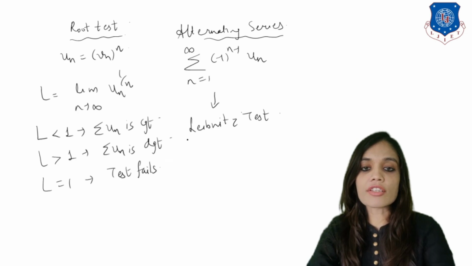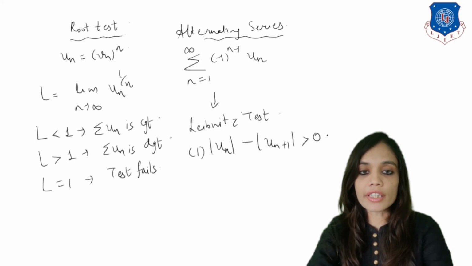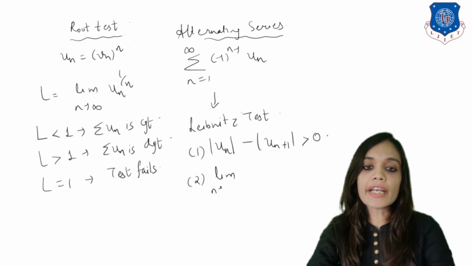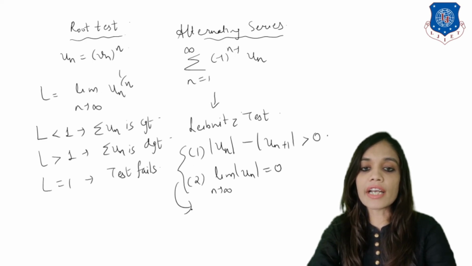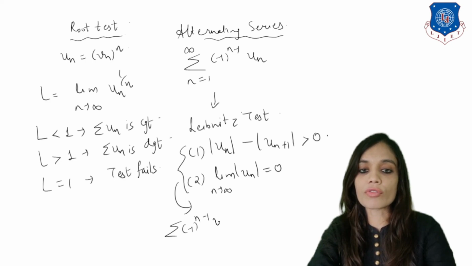So in this test, you have to test two conditions. That is, first is |un| minus |un+1| should be what? Greater than 0. And the second condition is limit n tends to infinity |un| should be equal to 0. Then only we can say that our given alternating series (-1)^(n-1) un is what?